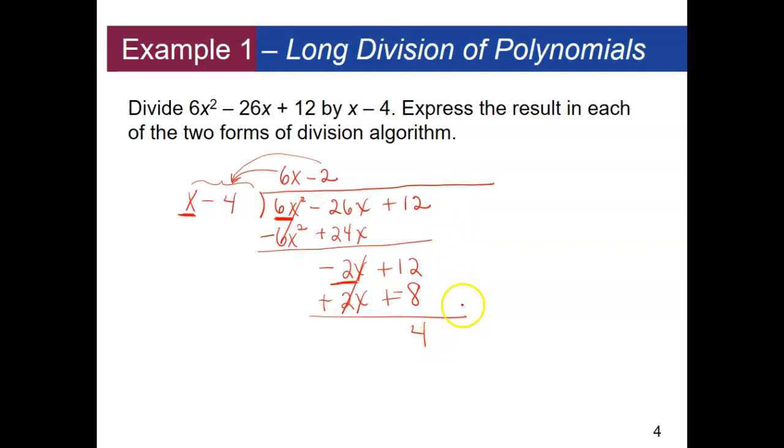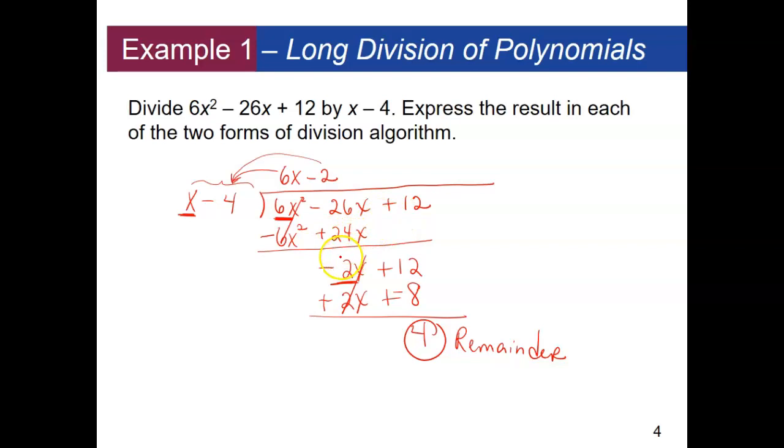I don't have anything left to bring down, so I'm going to stop here, because this is going to be my remainder. My remainder has a degree of 0, so it's less than the degree of the divisor. As long as the degree of the remainder is less than the degree of the divisor, I can stop.